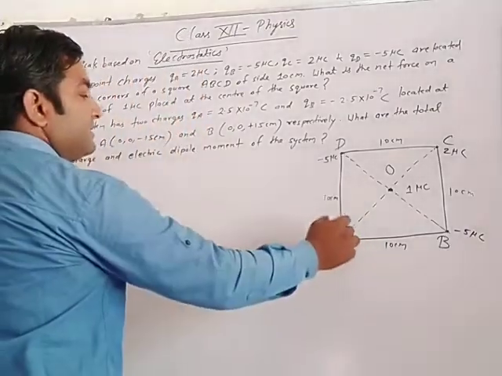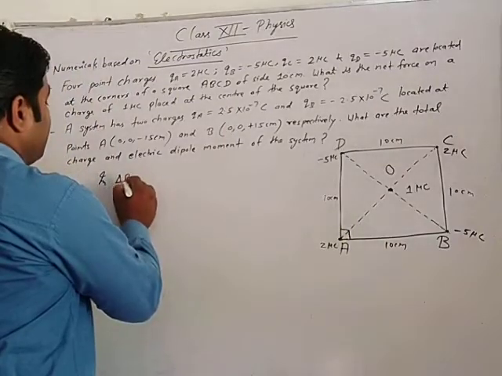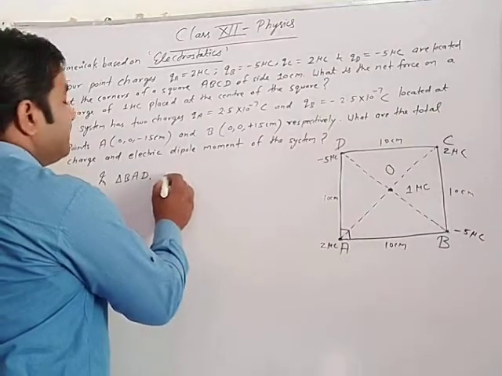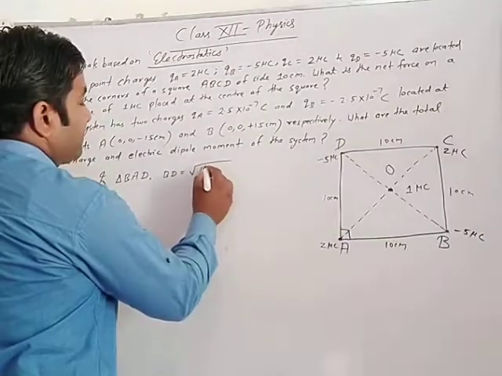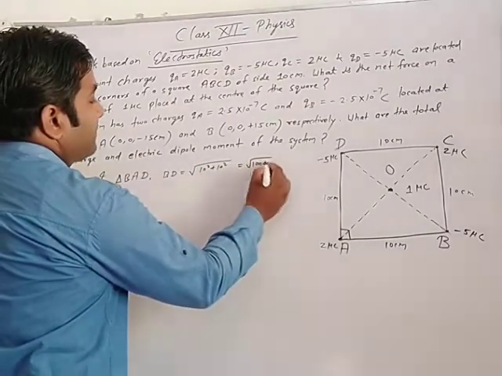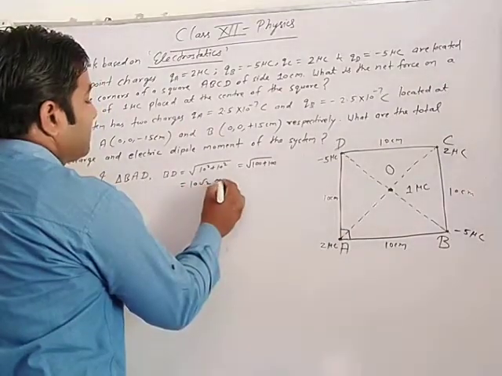So in triangle BAD, BD is equal to square root of 10 square plus 10 square, which is 100 plus 100, equal to 10 root 2 centimeter.